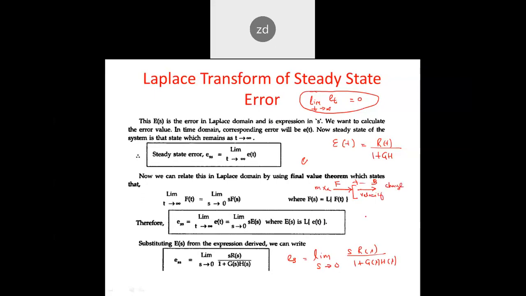Whenever there is a reference input we are giving to any system, a system can be anything. To any plant we are giving, the plant can be the element you are acting upon. It can be an engine of a car or an industry, and prior to the plant there is also your controller.